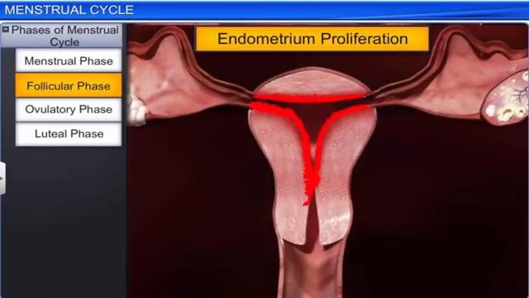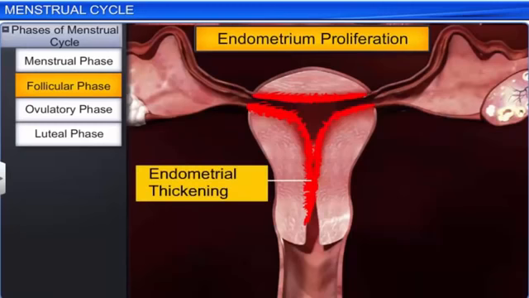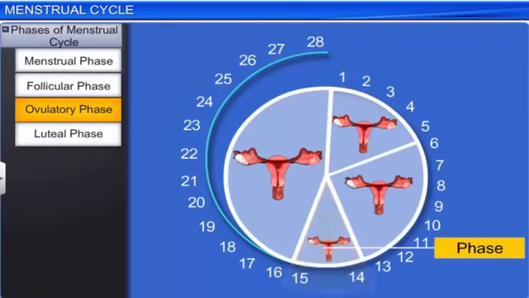Simultaneously, the endometrium undergoes proliferation, a process of regeneration which results in the formation of a new, thick endometrium. The follicular phase is followed by the ovulatory phase, which occurs during the middle of each menstrual cycle.